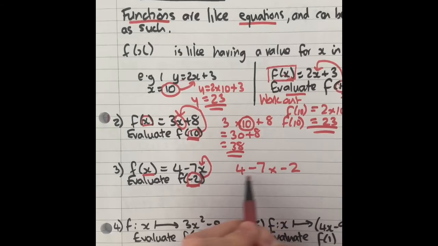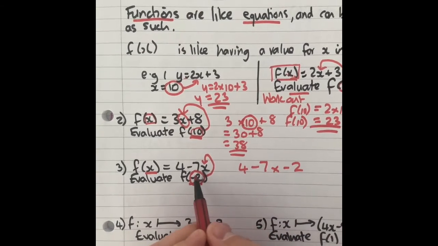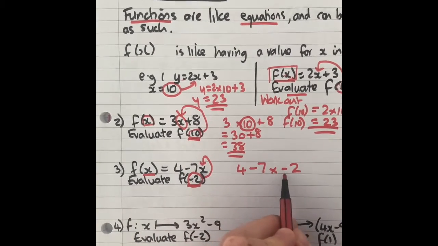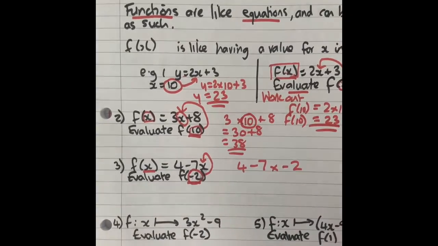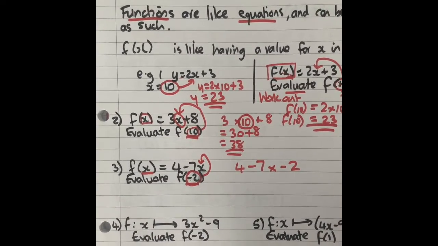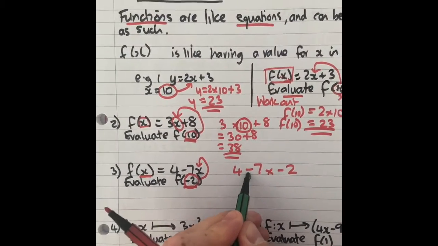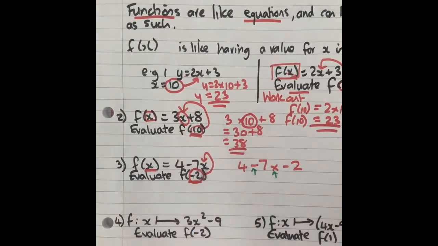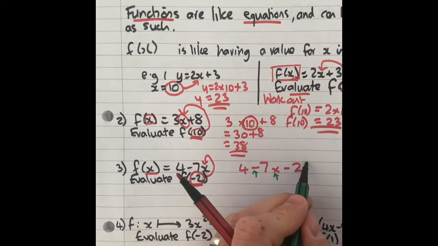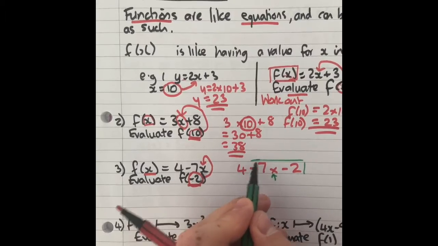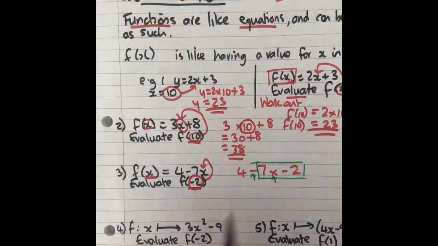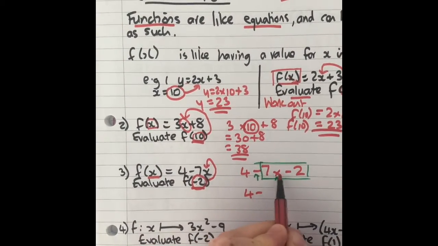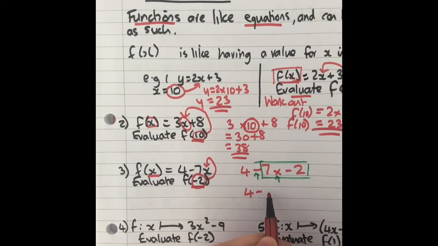So be careful with BIDMAS. So it's 4 minus 7 times minus 2. So which one do you do first in BIDMAS? Well, BIDMAS says between the takeaway and the times, you would do the times first. So you're going to do this part first. Okay, so that'll be 4 takeaway, right, 7 times minus 2 is minus 14.